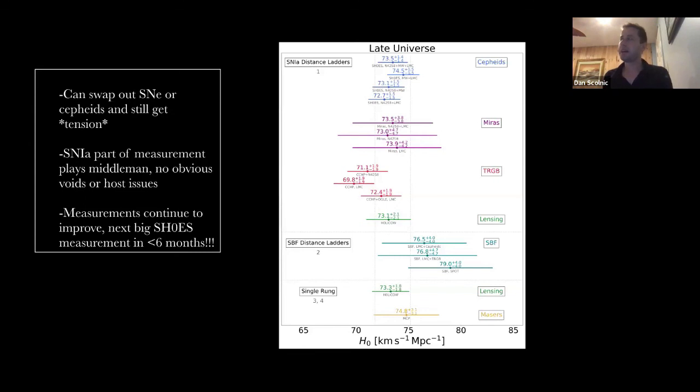Great question. So LSST will start, now the date is early 2023, and then WFIRST is saying kind of mid 2026. The Pantheon sample has a little over 1,000 supernovae. I think the next DES analysis will add another 1,500 supernovae.